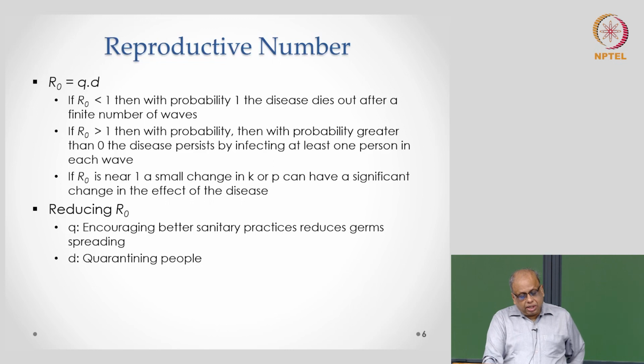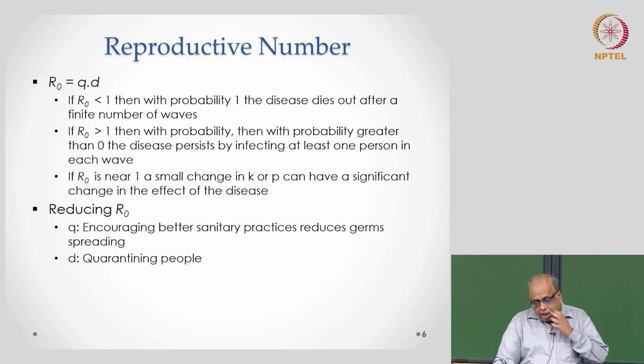And if that number is less than 1, then with probability 1, the disease dies out after a finite number of waves. And if this number is greater than 1, then the disease will persist for a long time, infecting at least one person. From each person that is infected, at least one other person will get infected.